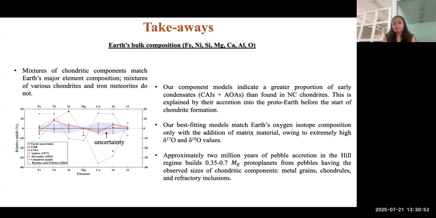So Earth might have accreted a lot of early condensates via pebble accretion. Earth's oxygen isotope composition matches well if we add matrix to our component model, having anomalously high 17 and 18 oxygen values. And this way, from the observed density and sizes of chondritic components, Earth can form in the Hill regime of pebble accretion within about 2 million years. Okay.